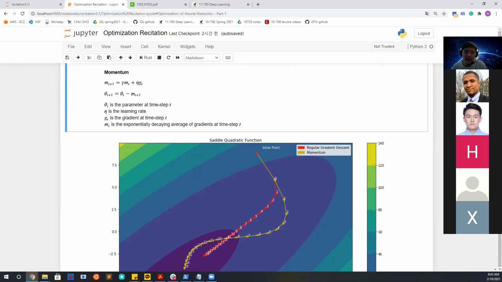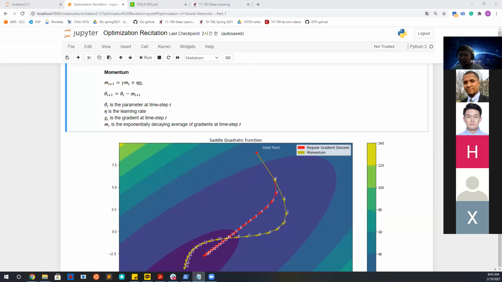It keeps the general trend by keeping a weighted average, and empirically it's been very successful and speeds up convergence a lot.